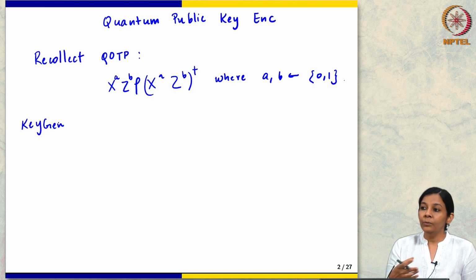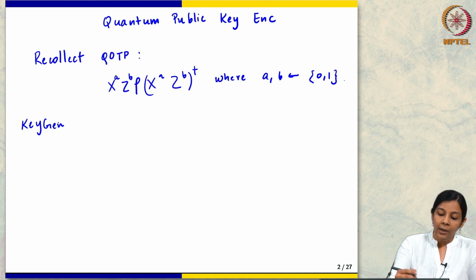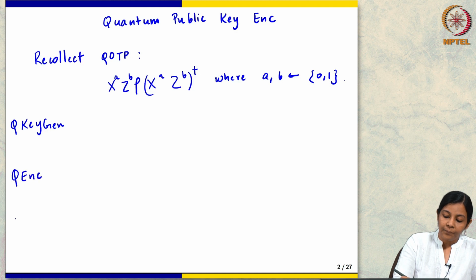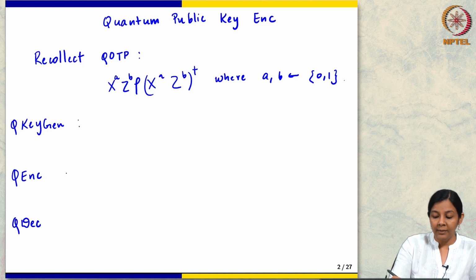So, what I want to do now is use a quantum safe public key encryption scheme together with a quantum OTP, right, and I want to build this QKeygen, QEnc and QDec. So, now can you tell me how should I build these algorithms?